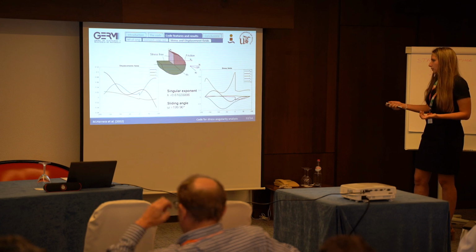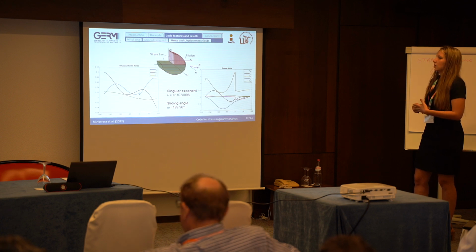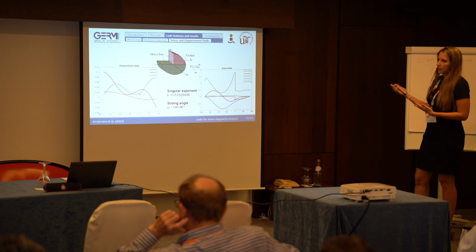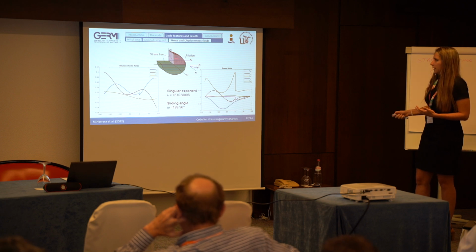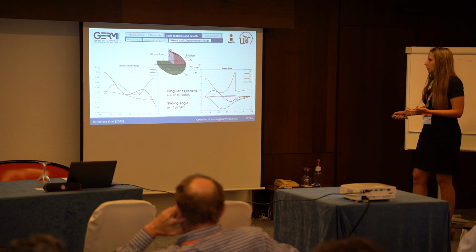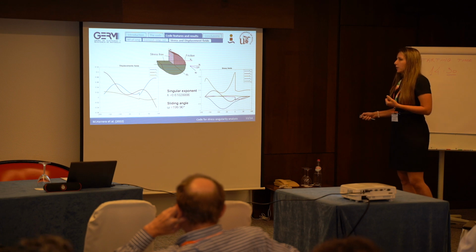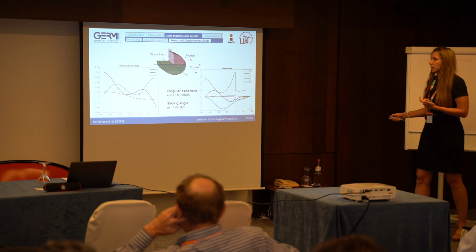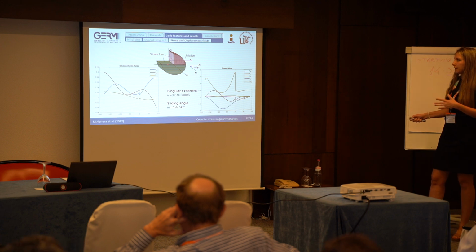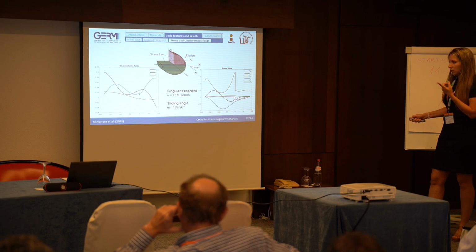The last module of the code shows the stress and displacement fields. This is an example of what we can solve. Here we have a bimaterial corner with stress-free boundary conditions and with a friction interface here. In this case, the friction coefficient was 1. The solution for this problem is this singular exponent and this sliding parameter.